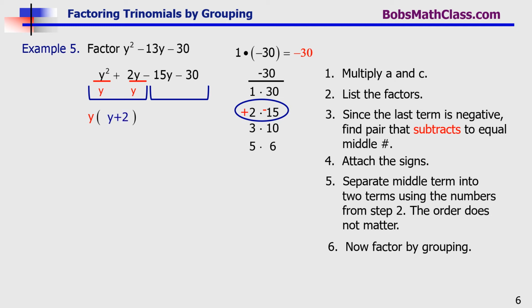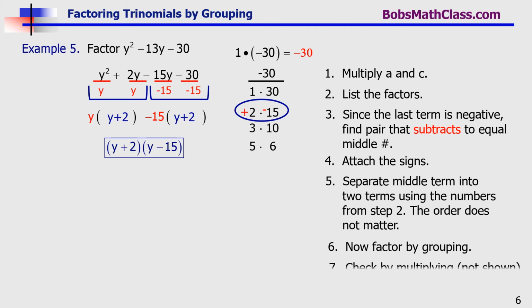GCF for the second pair, it's not 5. If you factor out a 5, you're going to notice that the binomials won't be the same. That'll tell you like, oh, it's not the right GCF. It's a negative 15. 15 goes into 15 and 30. Now our binomials match, so the answer will be y plus 2 times y minus 15.